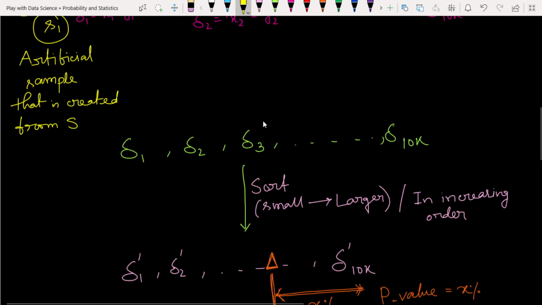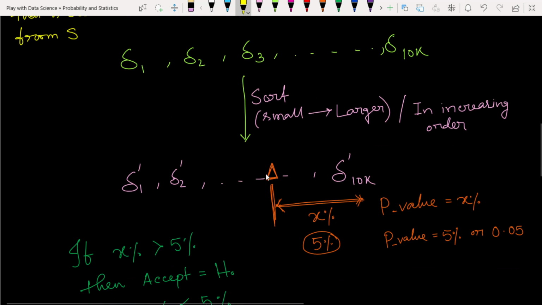After that, we sort these difference values, and on the basis of the sorted values, we find where our observed difference lies.